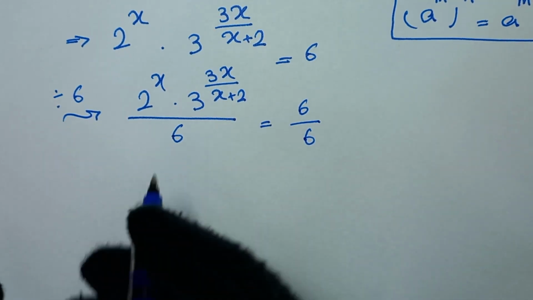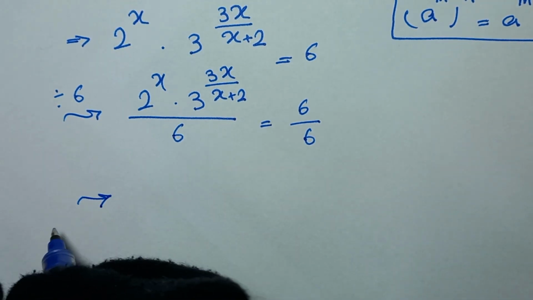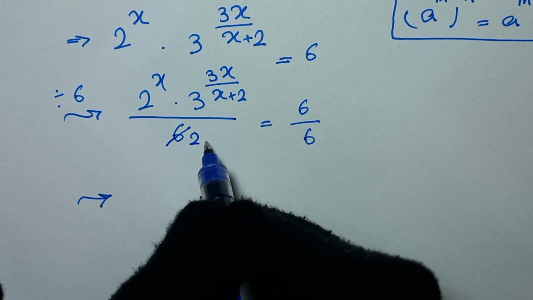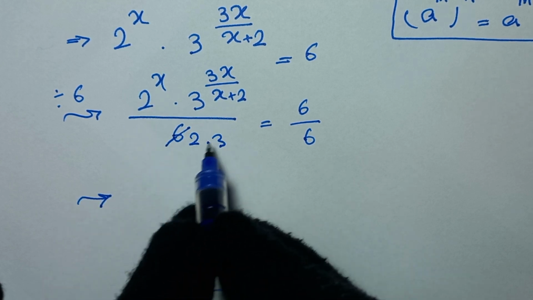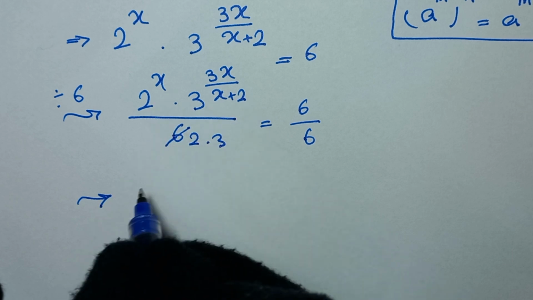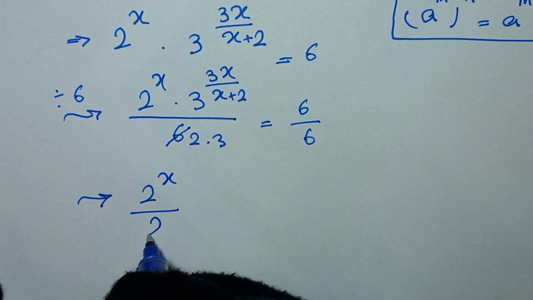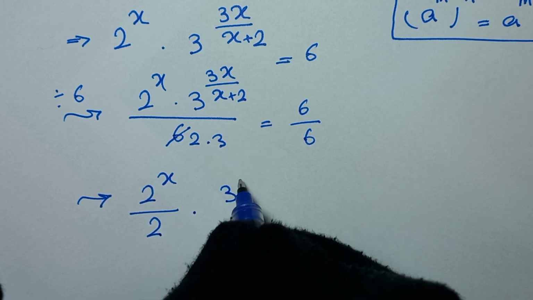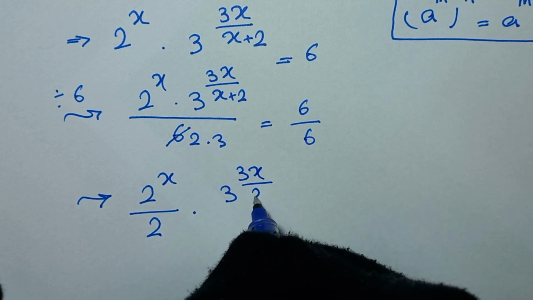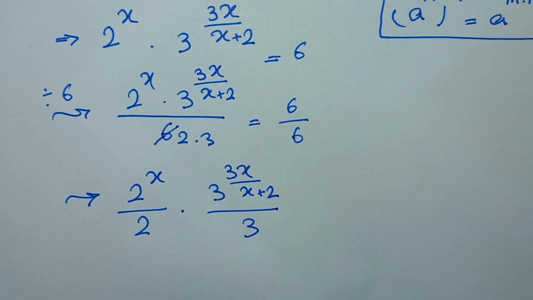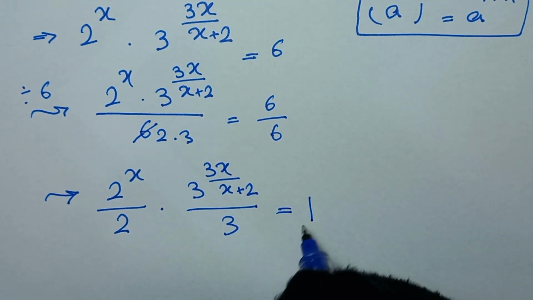So, in next step, we write, in here, we have 6, we can write 2 times 3. And in this fraction, we can write this as 2 to power of x over 2 times 3 to power of 3x over x plus 2 over 3, right? And is equal to 1.